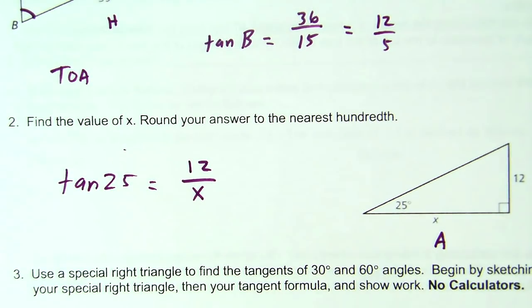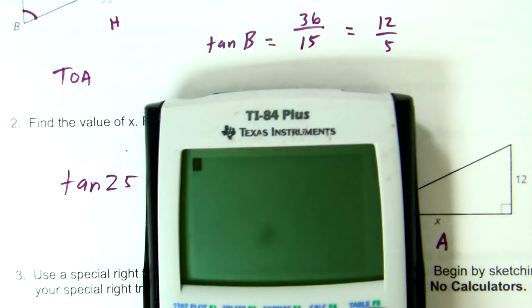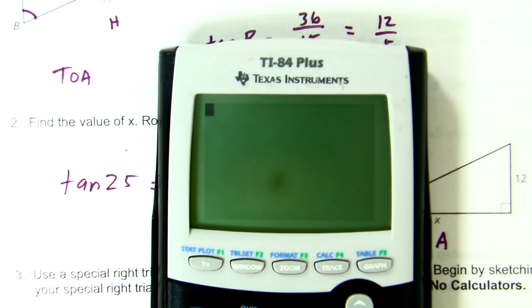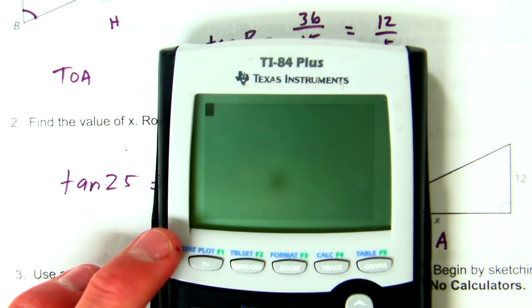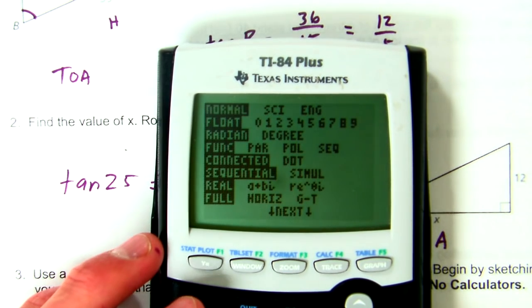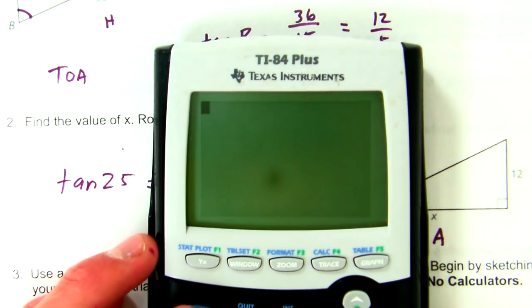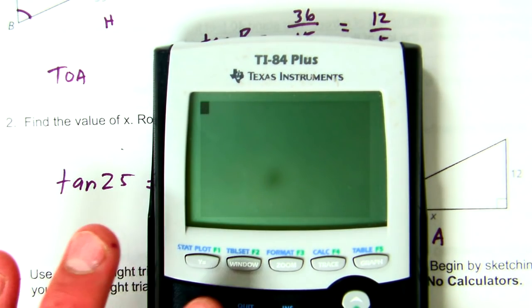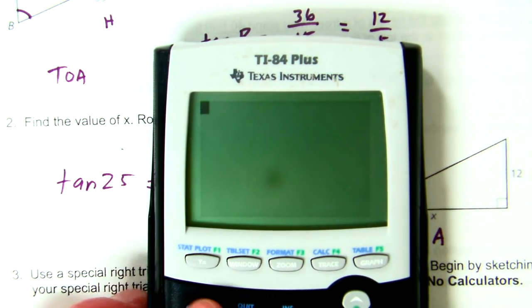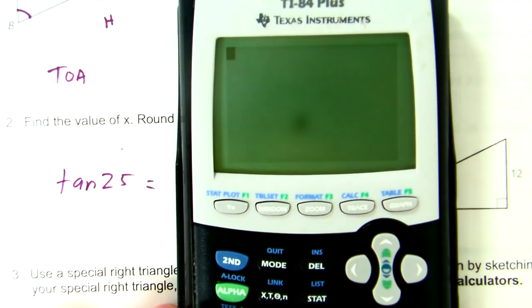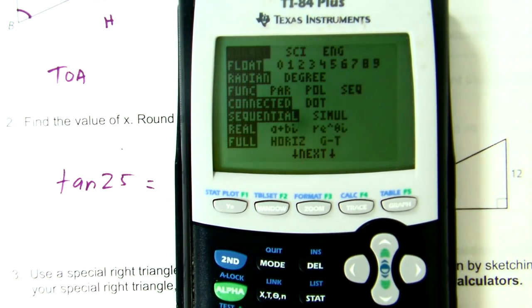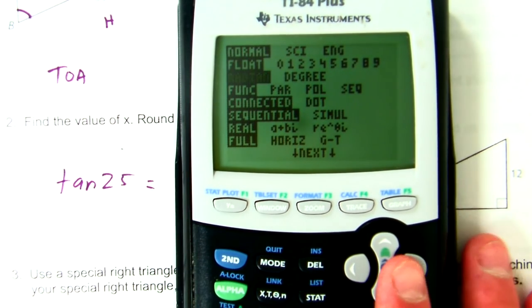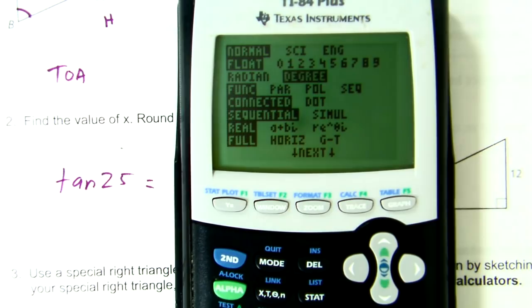I'm back. Sorry to interrupt your song about rabbits. If you have a fancy calculator, and I think most calculators now have this, you need to make sure that if you find mode or something similar on your calculator, mine is actually the word mode, you are in degree mode because we're dealing with degrees.